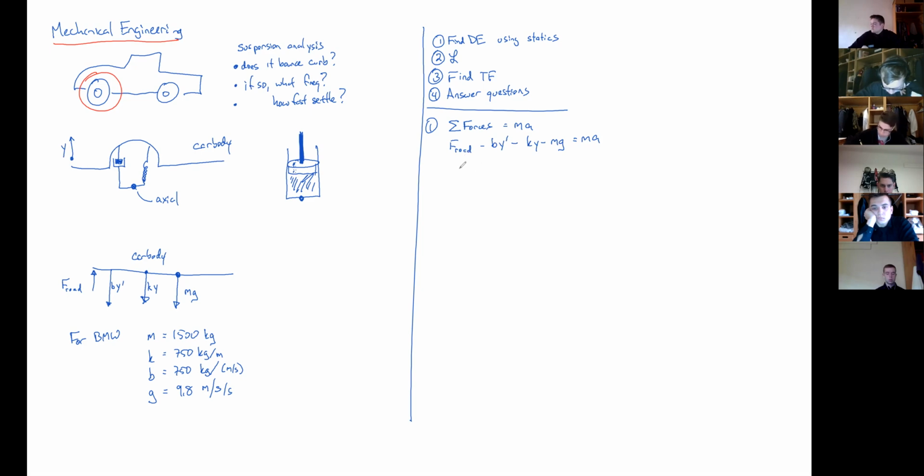So we are going to say minus F road, that gives us minus by prime minus ky, minus mass times gravity.